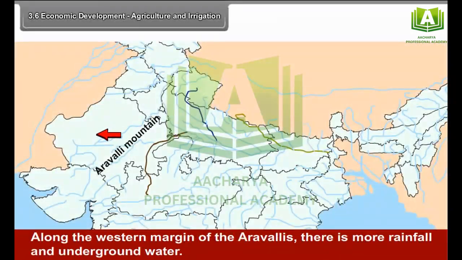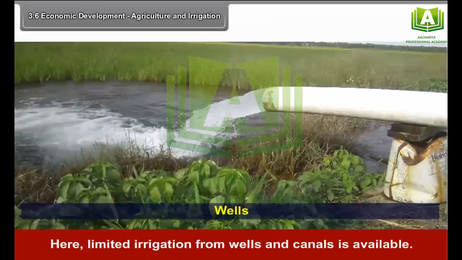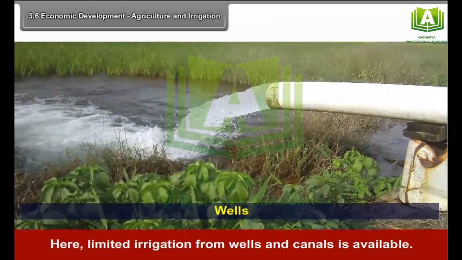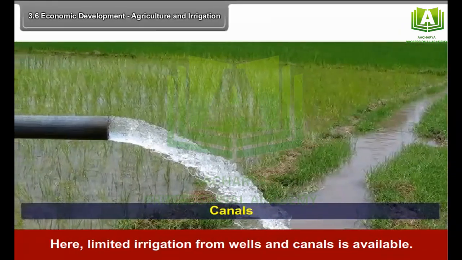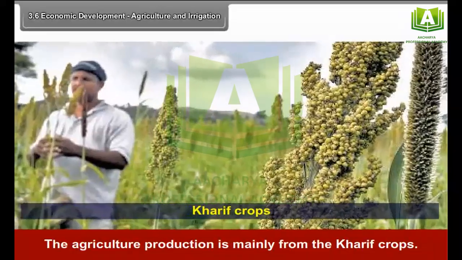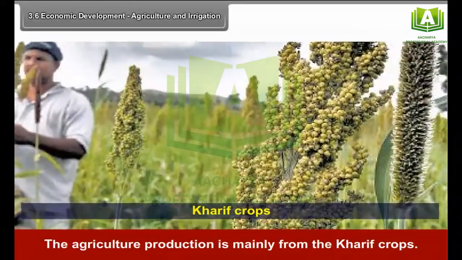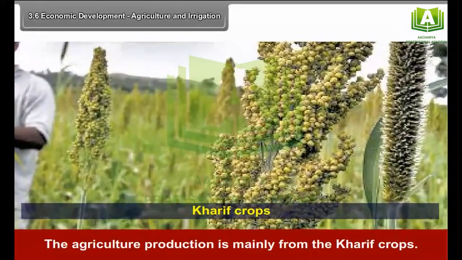Along the western margin of the Aravallis, there is more rainfall and underground water. Limited irrigation from wells and canals is available. The agricultural production is mainly from the Kharif crops.